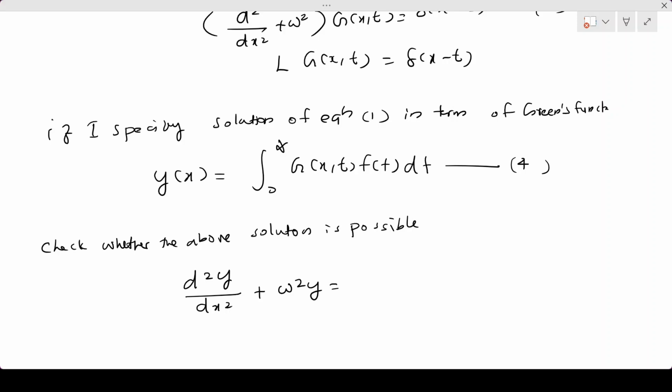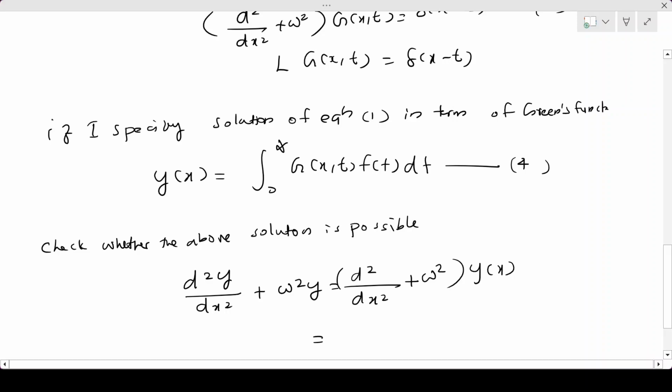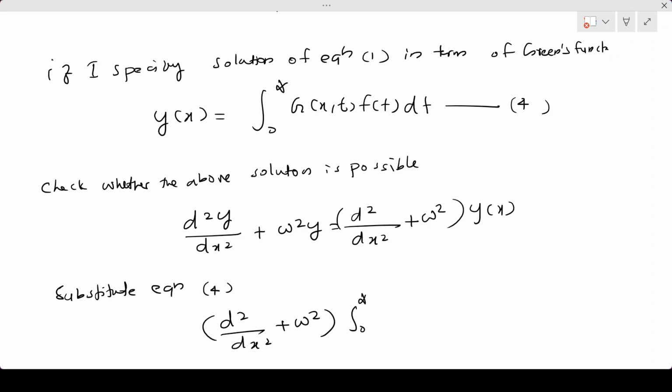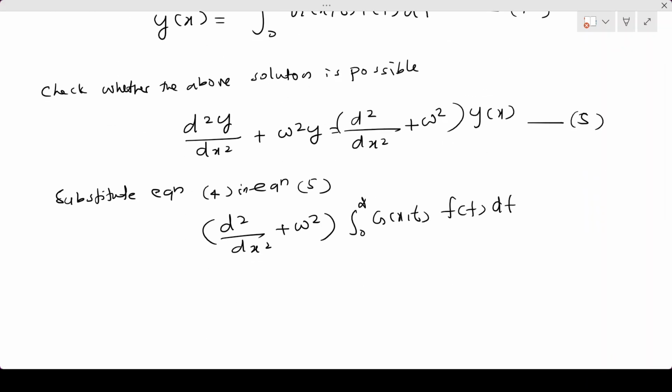Let me take the operator outside: d square by dx square plus omega square into y of x, and here I substitute equation number 4. So this becomes d square by dx square plus omega square into the integral 0 to infinity g of xt f of t dt. Let me keep this as equation number 5.